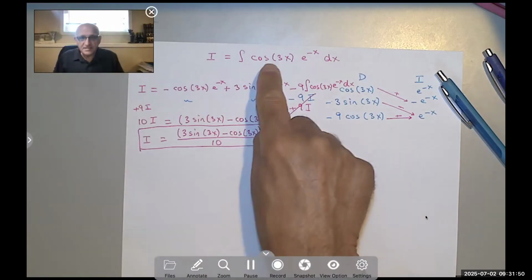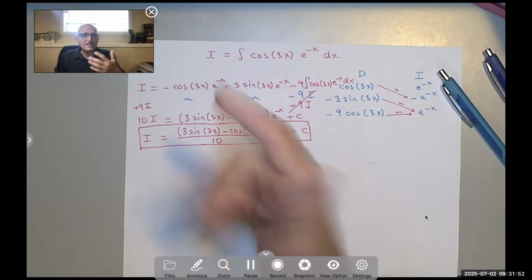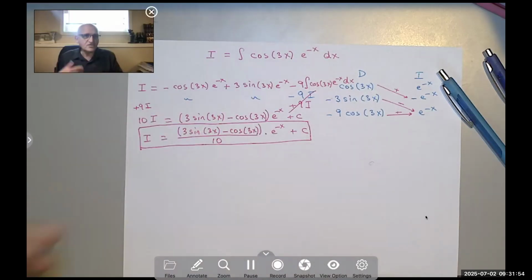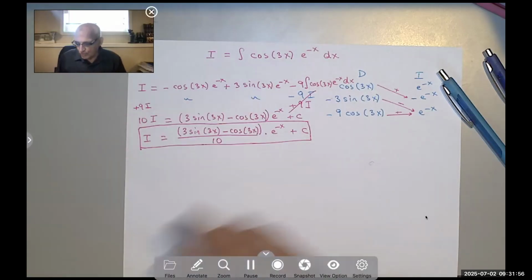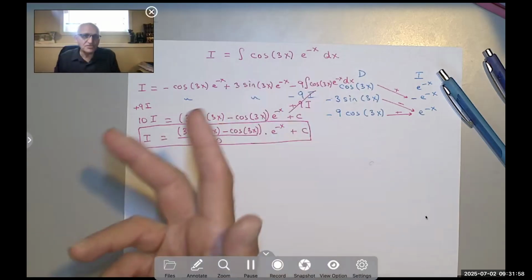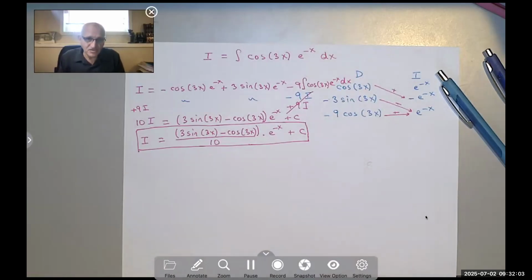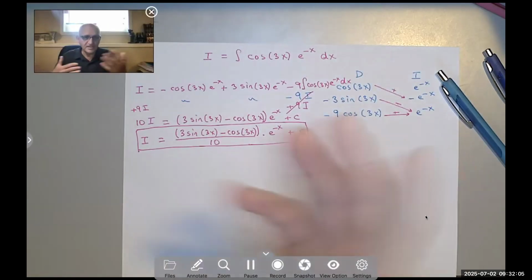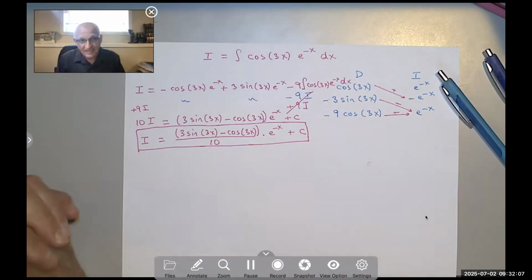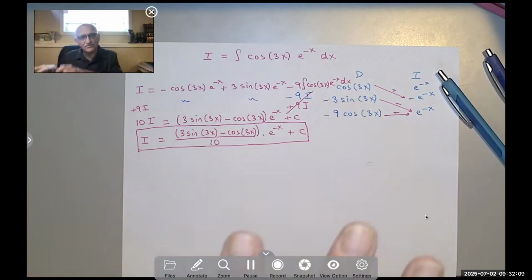One of them you can go through a cycle: cosine, negative cosine, sine. So once this happens, especially with trig functions, sine and cosine, and e to the negative x also, or e to any power, is very easily differentiated or integrated, and it stays a function of e to the x or e to the negative x.